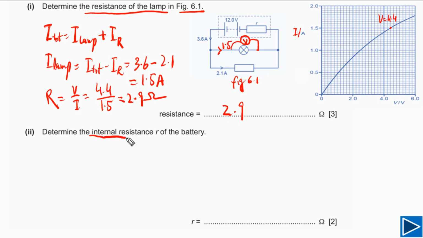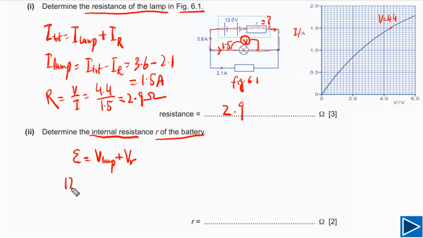The second part is asking us to calculate the internal resistance r of the battery, meaning we need to find the value of this resistance. For this, we can consider this loop and use Kirchhoff's second law. The EMF of the power supply will be equal to the potential difference across the lamp plus the potential difference across this internal resistance r.